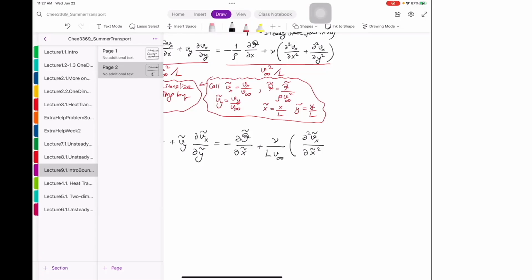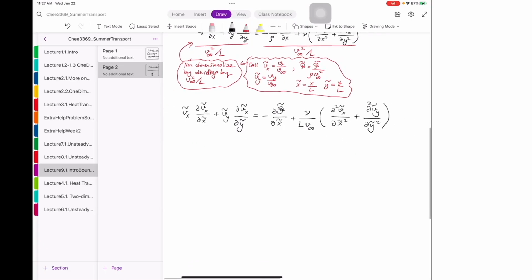That's why I have one of the L's in the denominator. Plus del square Vy tilde divided by del y tilde squared. There you go. So that's the non-dimensionalized x component of the momentum. Any questions so far?